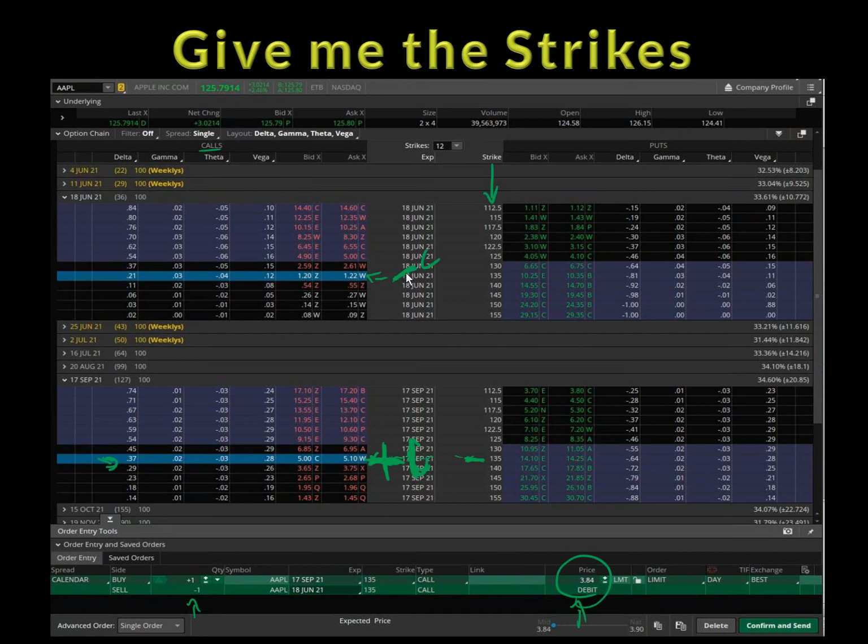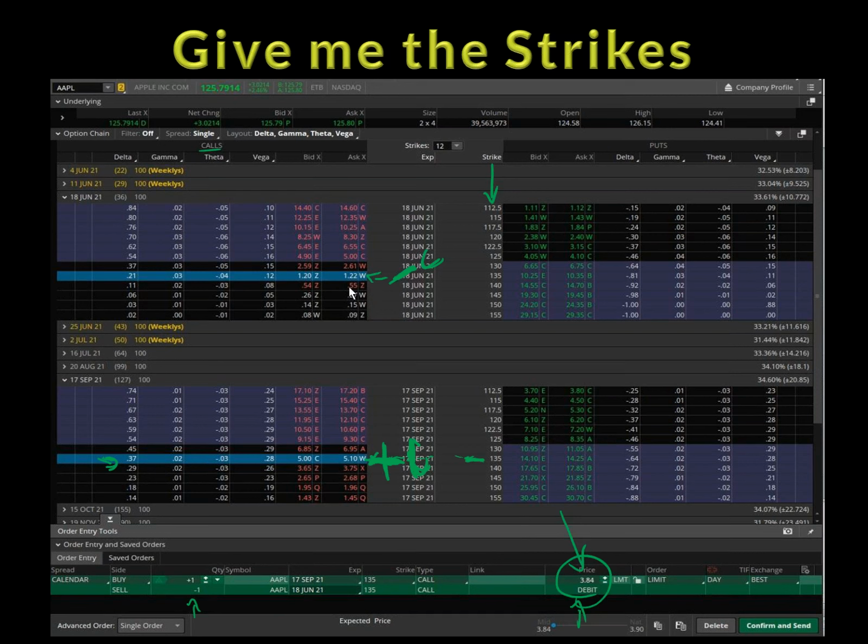So when this option expires and the underlying didn't go up to 135 yet, I still own that long call, and my reward to the upside is unlimited. My risk to the downside is still limited to this debit I paid. That's always my risk.